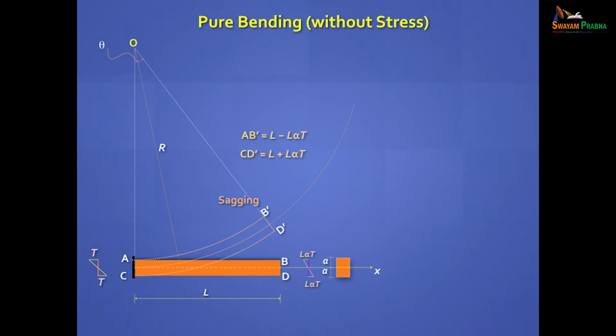bending is, and we said that this will typically bend as an arc of a circle with a certain radius of curvature.